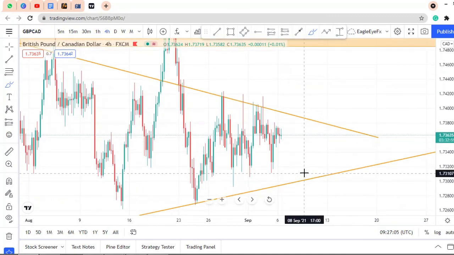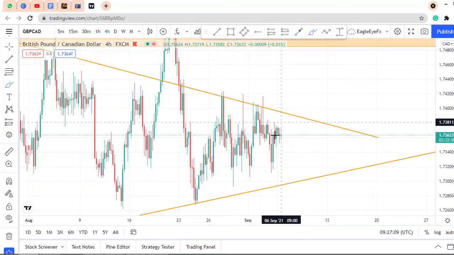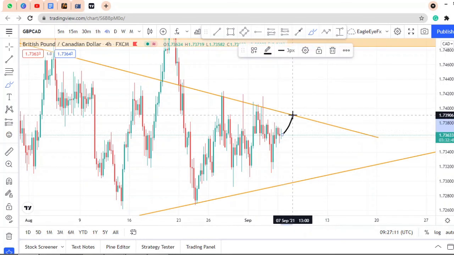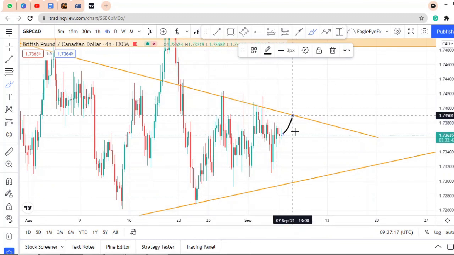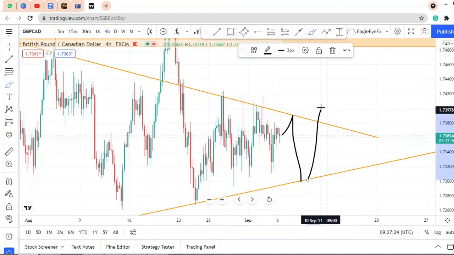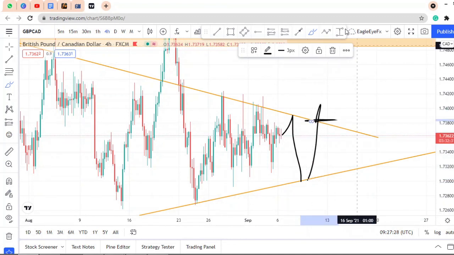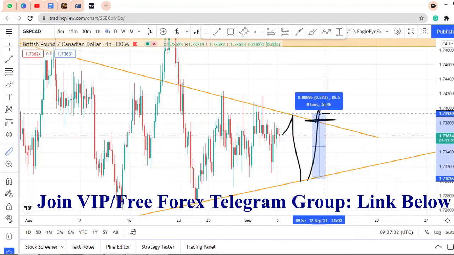So what I'll do here is I'll rather be interested when it's here. If it comes here, and I see that this place is able to reject it, then I can enter my sales to this level. When it comes here, I'll be interested in buys up to this particular level over here. And as you can see, this move is almost 90 pips.